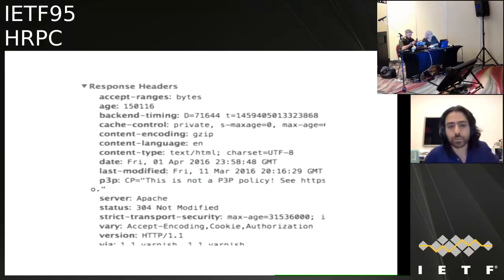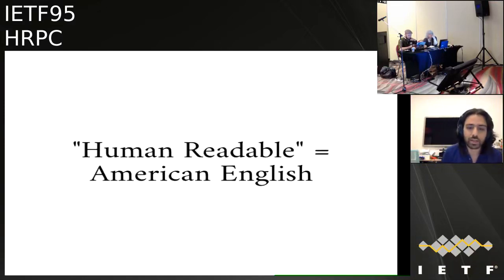They're designed. You can look at them. You see something like accept ranges, backend timing, content control, content language. These are things that, as an English speaker, I can reason about. But if you jump to the next slide, again, the conclusion that I have to reach from all this is that the idea of something being human-readable has been equated with just rendering it in American English, which is extremely, extremely problematic.